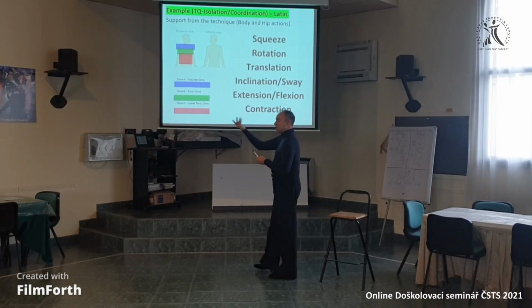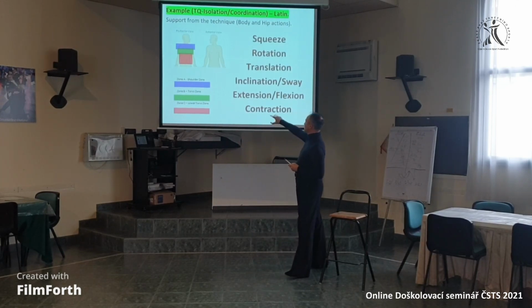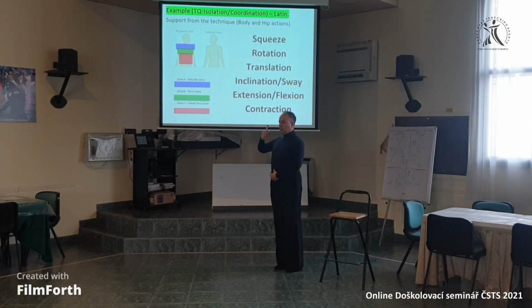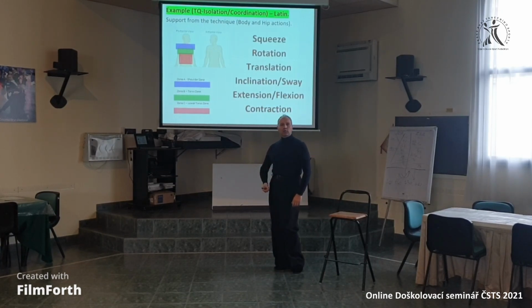Extension and flexion, this time is on the sagittal plane, you have the flexion going forward and the extension going backward, okay? And this, that is a particular action very common for jive, contraction, where you have this part of the body that gets shorter, and creates, also with the coordination of the jump, this attitude, where I shorten in this, I make this more long, in the same moment I also breathe, and they produce something that is very comfortable for the jumping in jive.